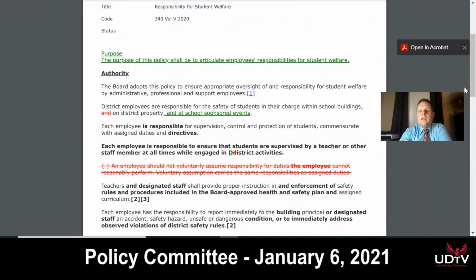The policy, as it was written, did not include school-sponsored events. But after looking at our peer districts, we saw that that language was in other policies. And in consultation with Mr. Diazio, it's understood that we have responsibility for student welfare at school-sponsored events, but we felt that it was prudent to add that language actually into the policy.